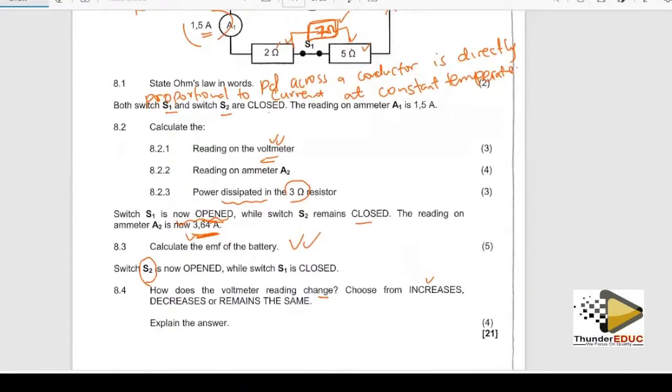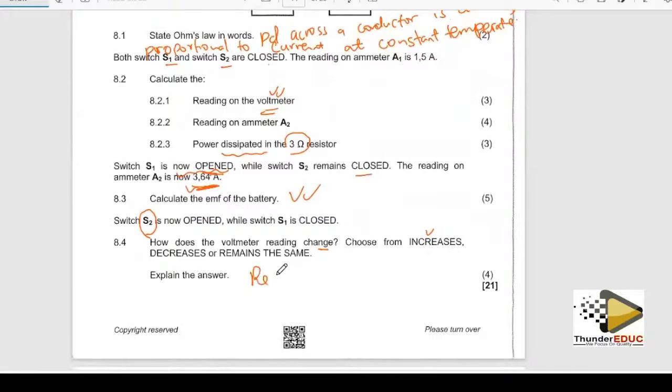So what I'm seeing is that the resistance is going to increase. And if resistance increases, what happens to the current? The current through the circuit decreases. Which means the V external is going to decrease.